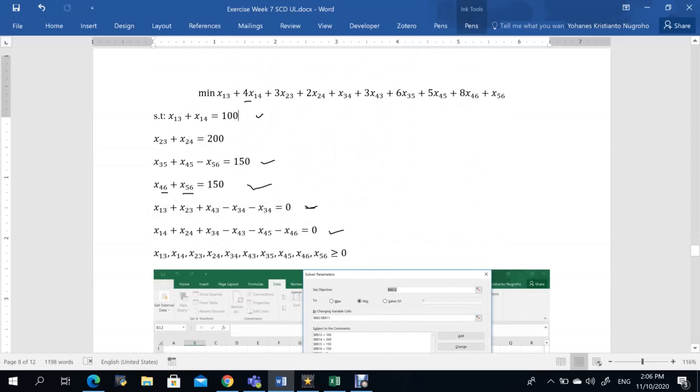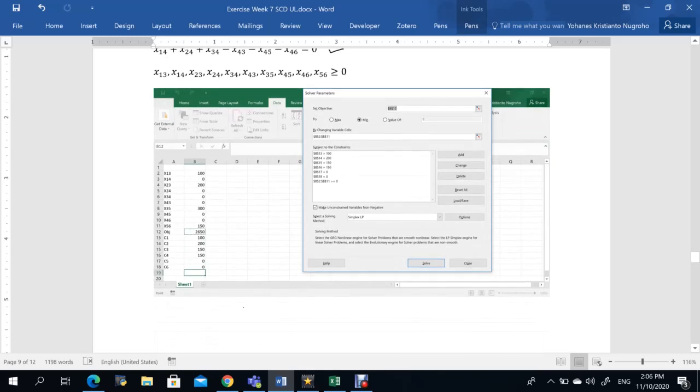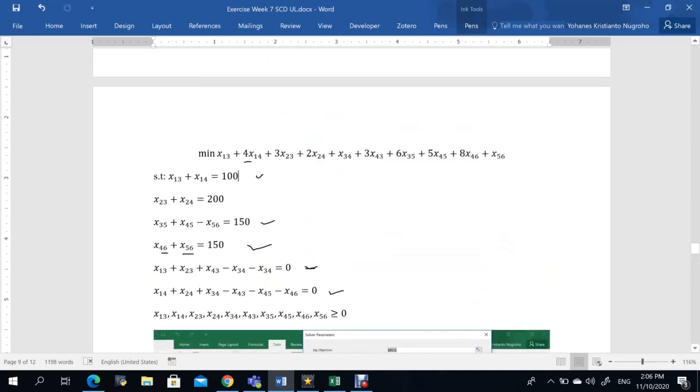And the next constraint is a material balance for node number 4. Finally, the last constraint is a non-negativity constraint for all material streams from a source to a particular destination. And we compose the following Excel solver parameter settings according to our problem formulation.